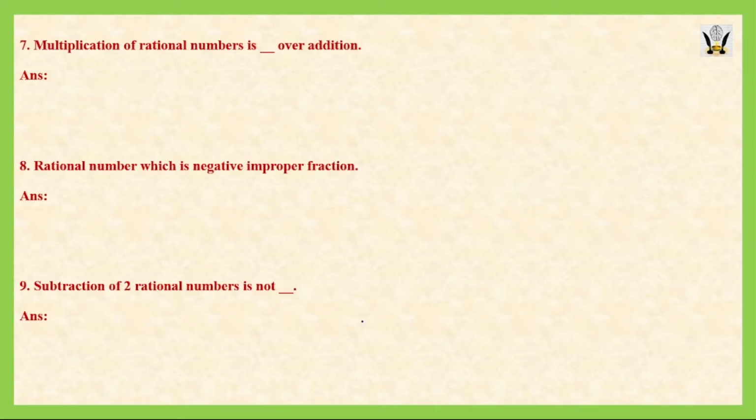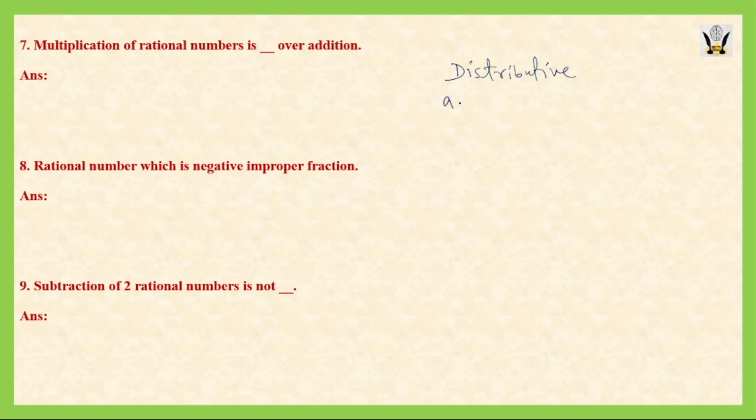Now the next question is: multiplication of rational numbers is dash over addition. Now we have already learned various properties of multiplication of rational numbers, and there we have seen that there is a property called distributive property, and it says that multiplication is distributive over addition and subtraction.